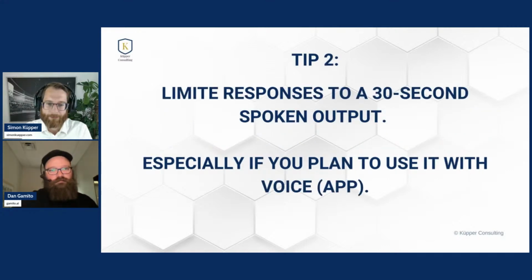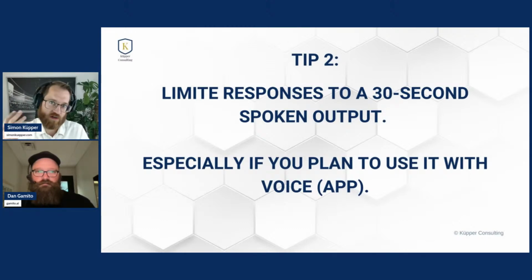Tip number 2, especially if you plan to use it in a voice scenario, so that it is able to talk to people on the app, is to give it an instruction to limit the responses to a 30-second spoken output. Sometimes you get a response back, and if it speaks all of that aloud, it's talking for the next 2 to 4 minutes just to read all the text output.